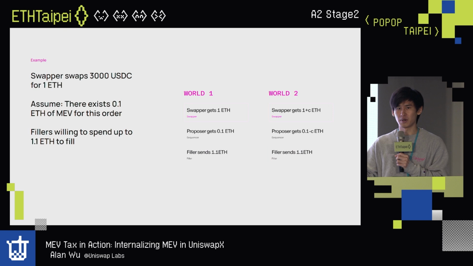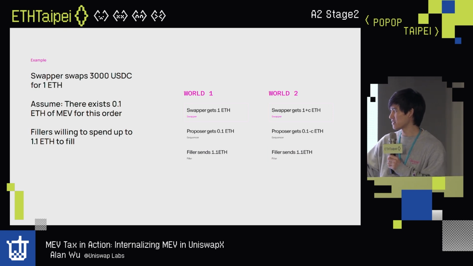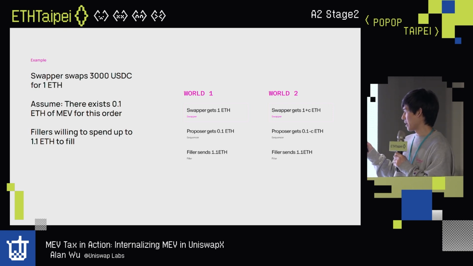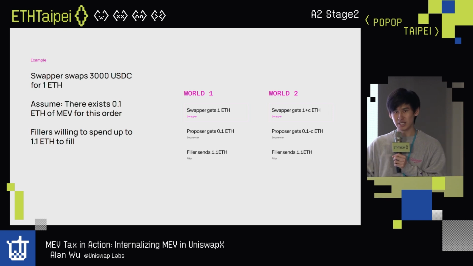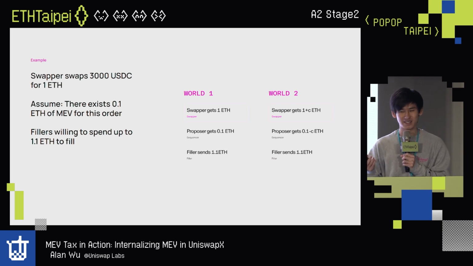Now let's look at the other counterparty of the trade, the swapper. In world 1 with no MEV tax, they get 1 ETH as output. In the world with a MEV tax, they get more than 1 ETH. So this side of the trade is not indifferent. The swapper wants to live in world 2 because getting more than 1 ETH is better than just 1.